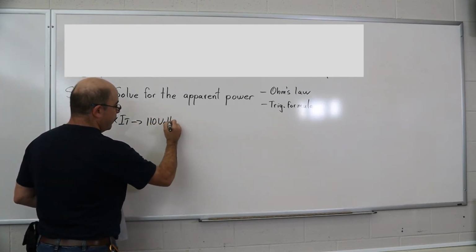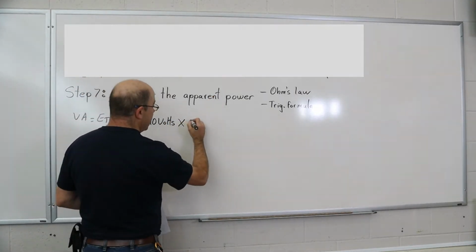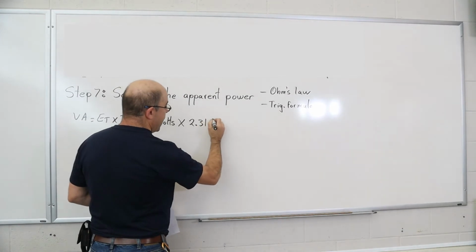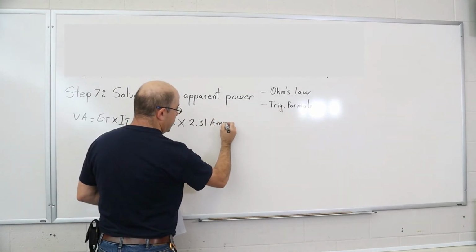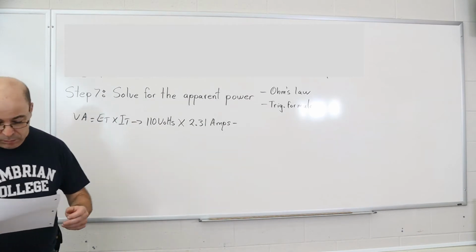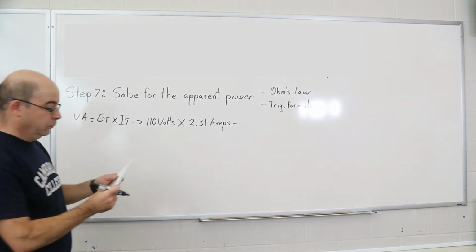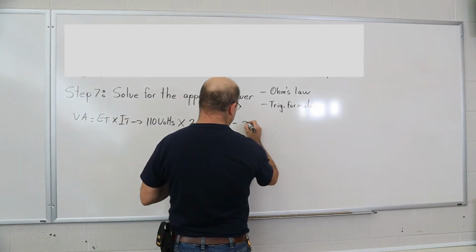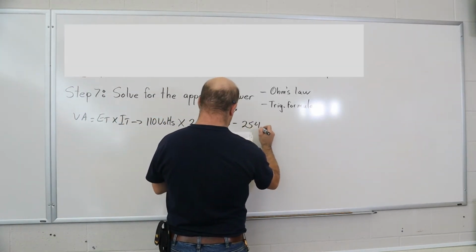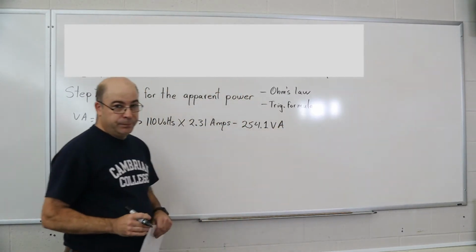110 volts multiplied by the current we've just finished calculating, 2.31 amps. And that is going to give you 254.1 VA.